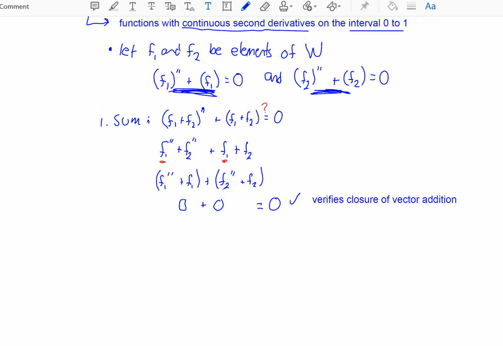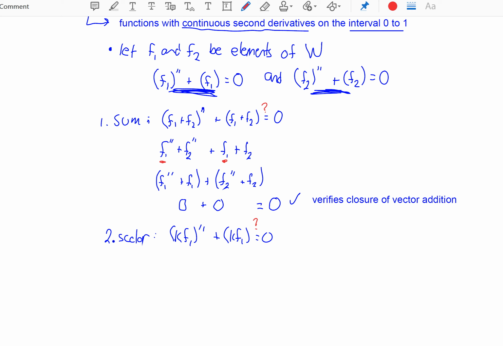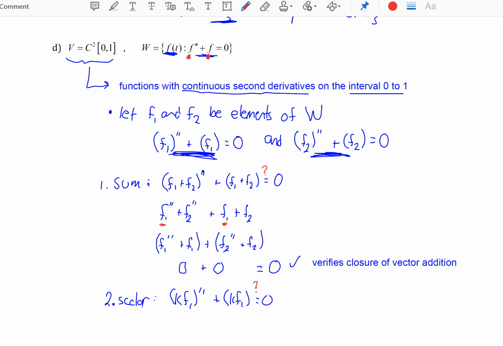Okay. Let's also check our second closure property, scalar multiplication. So here we want to show that some constant times an element in W is still an element of W. So I'm taking some function f1 that's in W, because we said it was, and we're looking at a constant multiple of it and seeing if it still satisfies our same equation.